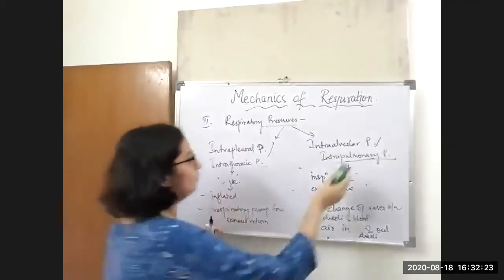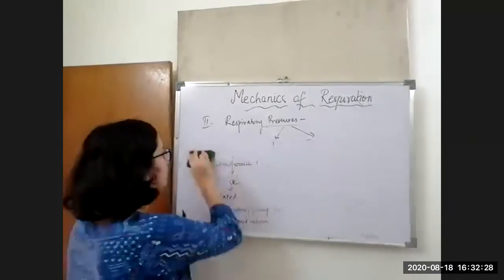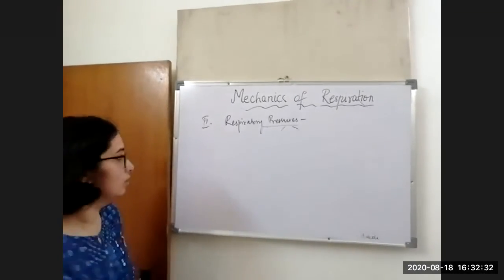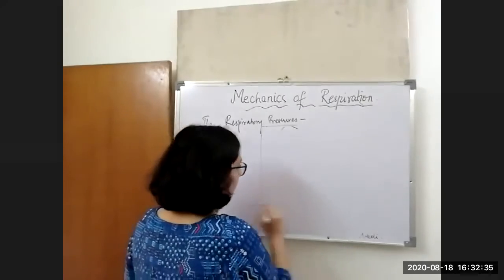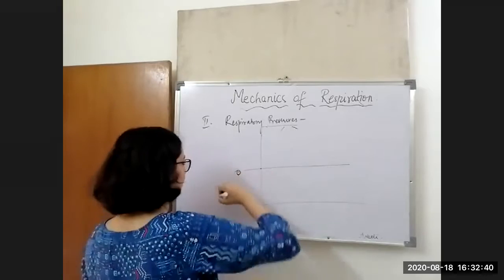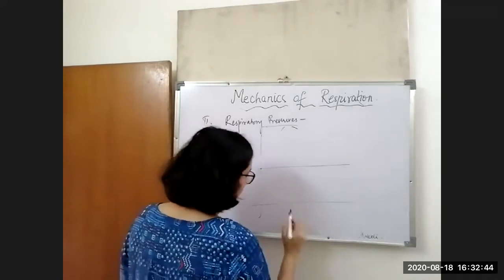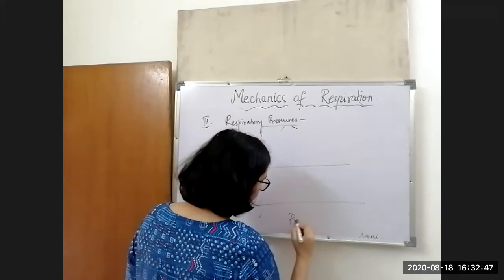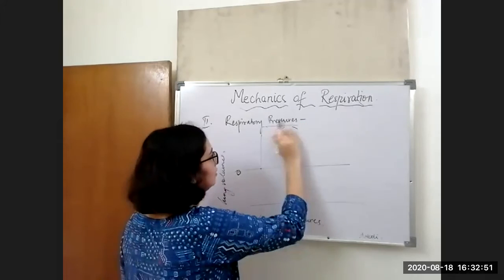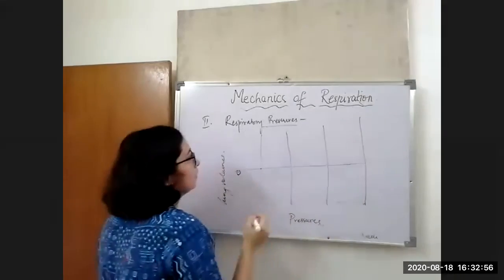So now we'll see a small curve. Okay, let's take this as 0. This will be your lung volumes, and this will be your pressures. So I depict the pressure in this curve.